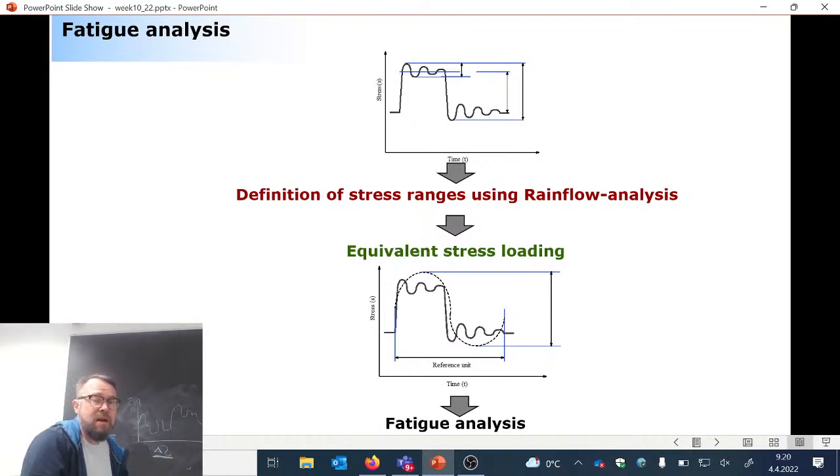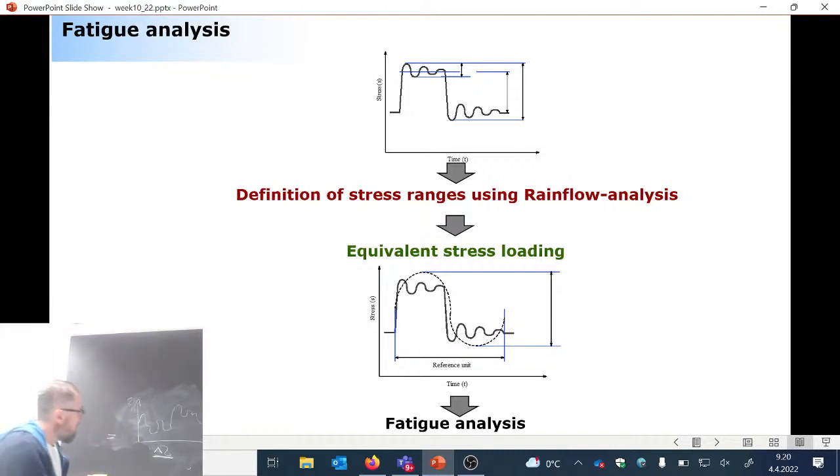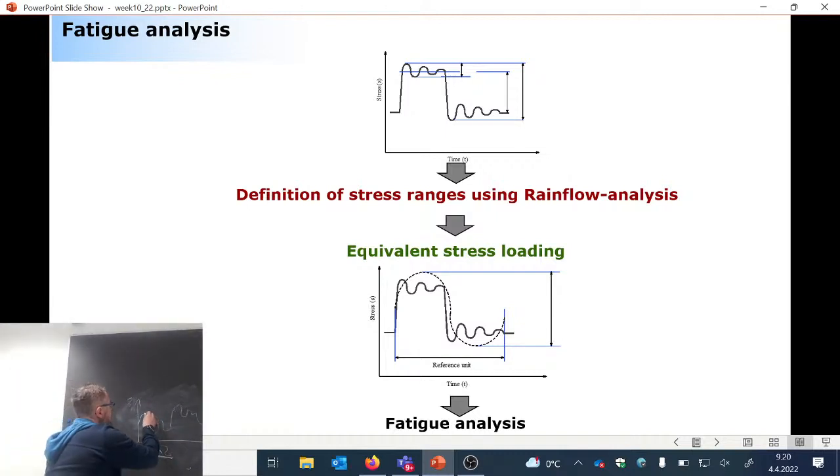The rainflow analysis is a procedure where you consider the stress history as a container. You have a container of this shape, and you put water into this container. So it's not a regular container, but you can see that if you put water into it, the water goes roughly to this level, this level, and this level.